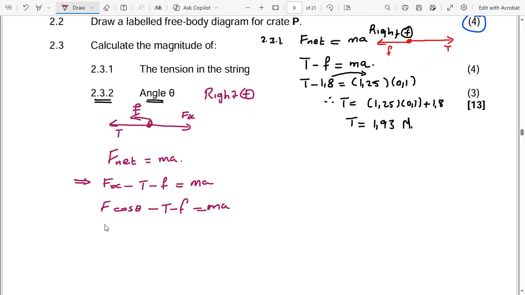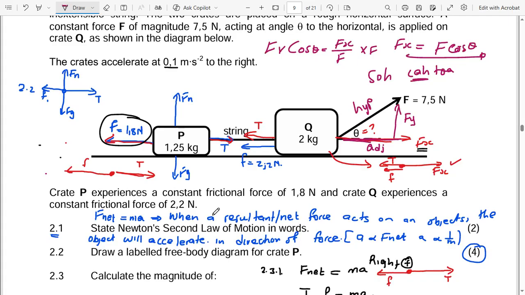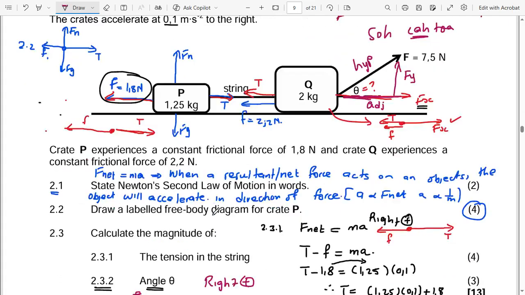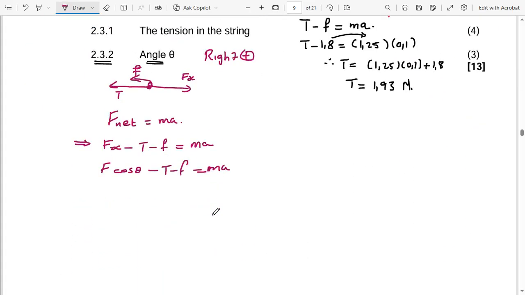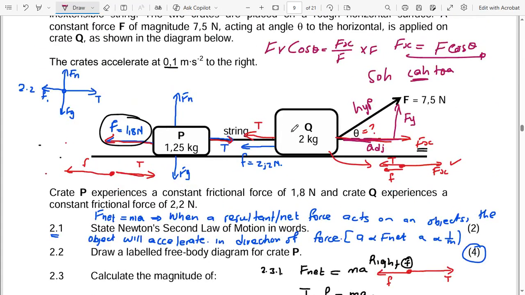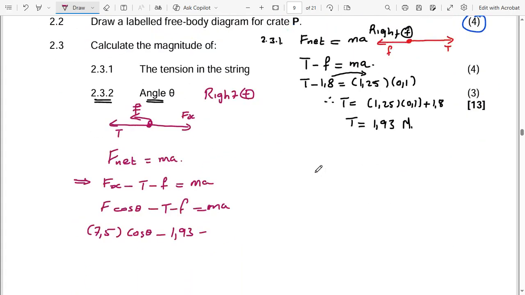So F cos theta, do we know the applied force? The applied force is given as 7.5. So I'm going to put in 7.5 times the cos of theta, then minus the tension, which is what we just calculated, 1.93, minus the frictional force of crate Q, which we said is 2.2.